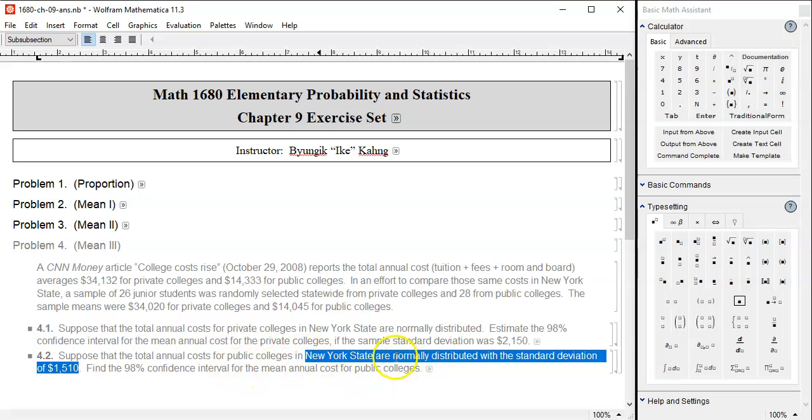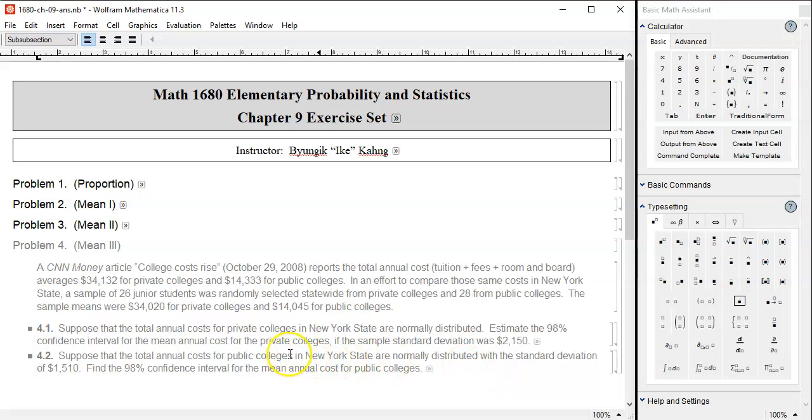The population is normally distributed with the standard deviation. It did not specifically say population standard deviation right here, which would have made this problem a little bit easier, but the textbook author didn't do that. By doing that, it made this problem harder.